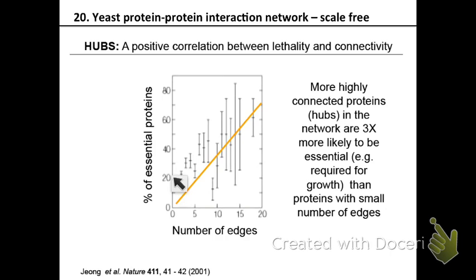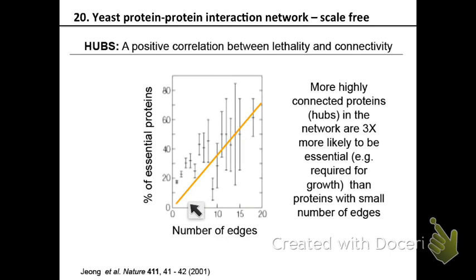And on the y-axis, for that group of genes, for example here, that has 5 edges, what percentage of those genes were essential? And they plotted that right here. For the group of genes that have 10 edges, what percentage of them are essential? And for a group of genes that have 15 edges, what percentage of them are essential?